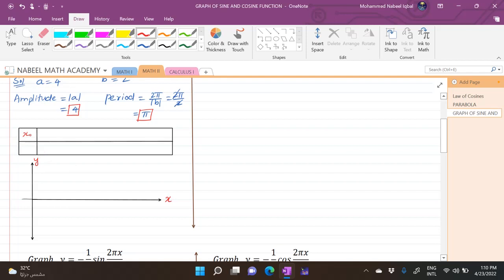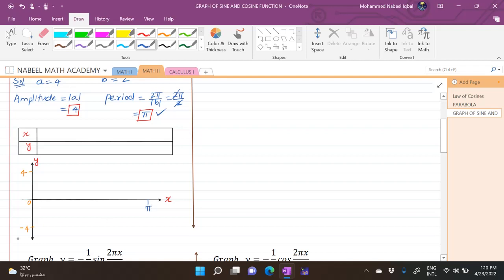I will start directly with the amplitude. The amplitude, this is 0. The amplitude is going to be from minus 4 to plus 4. The sine function is between minus 4 and plus 4. And the full period is given by pi.